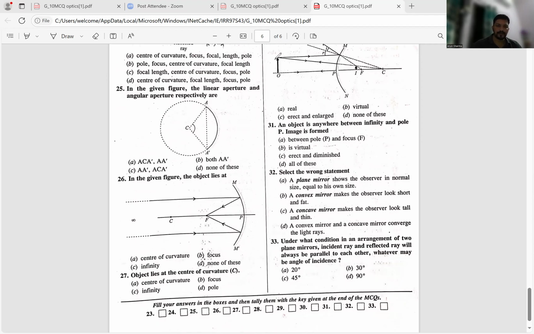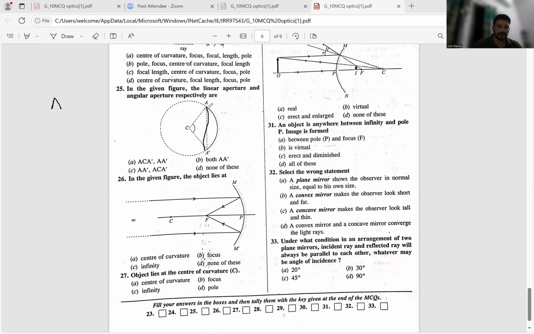You can see question number 25. In the given figure, the linear aperture and the angular aperture are respectively? So how to explain this? A dash, this is the reflecting part of the mirror, that is the aperture.